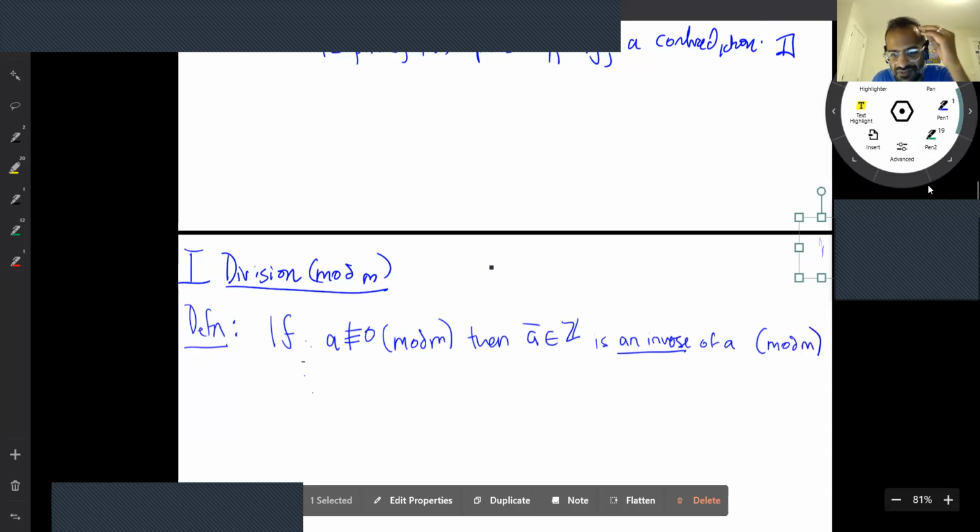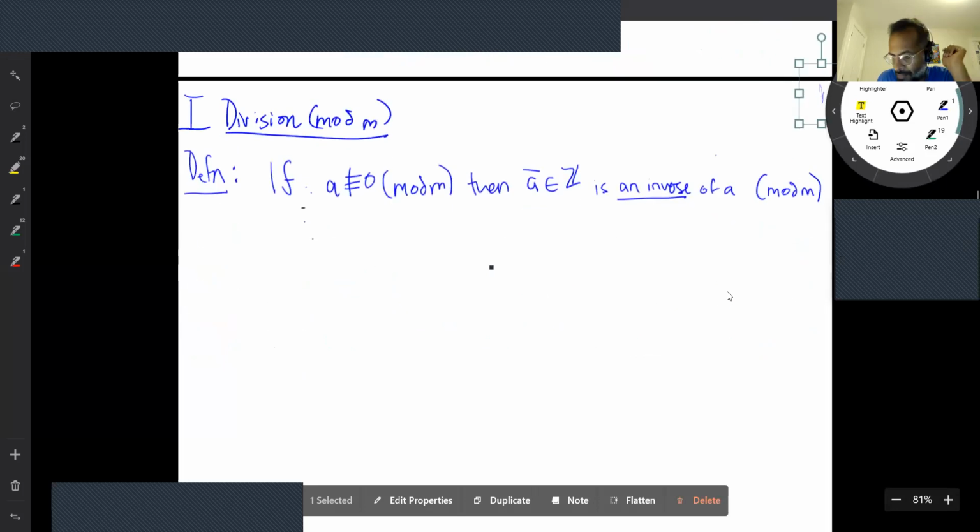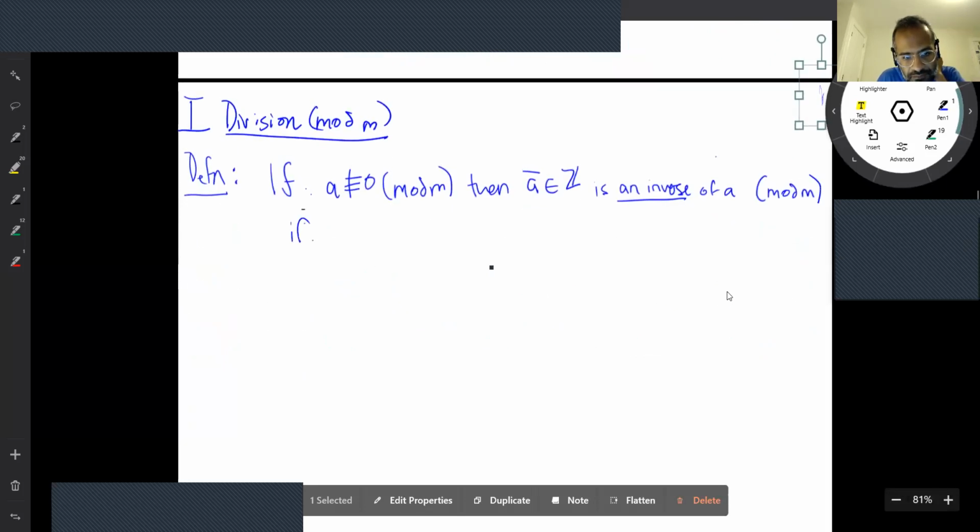Remember, you always have to keep this m in the background because modular arithmetic depends on what it's modulo. So it's an inverse if a times a bar is congruent to 1 modulo m. So it's a number so that when you multiply it by a, you get 1.